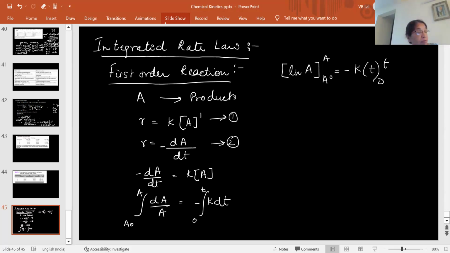Okay, then I simplify it. What will I get? ln A minus ln A0 is equal to minus Kt.